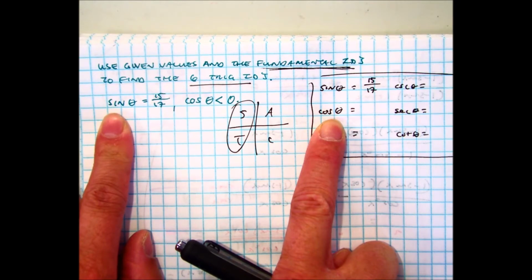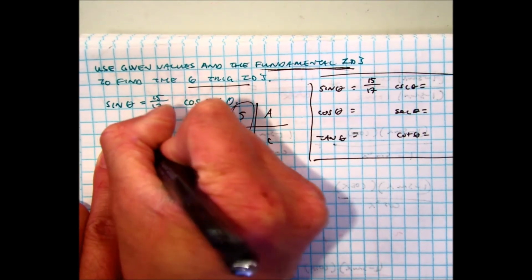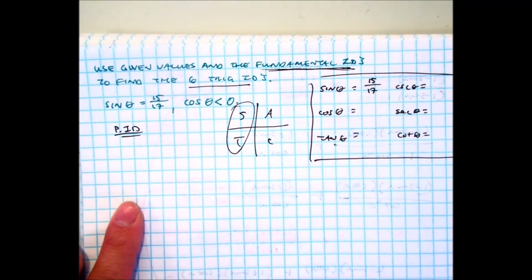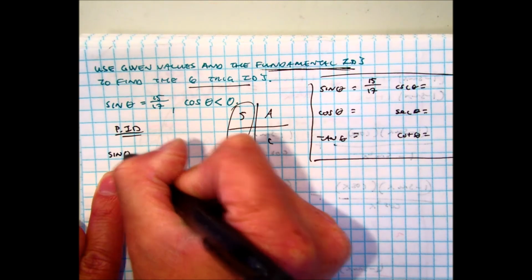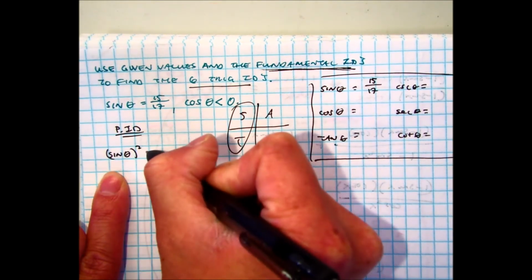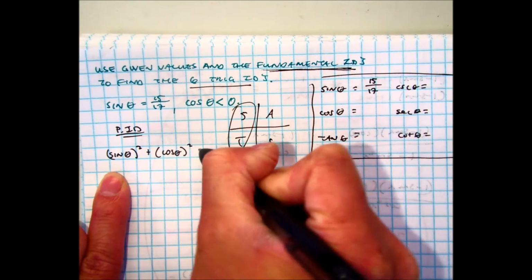Which identity? The Pythagorean identity. Which Pythagorean identity? Sine squared plus cosine squared equals 1.